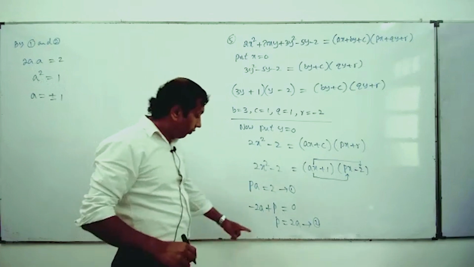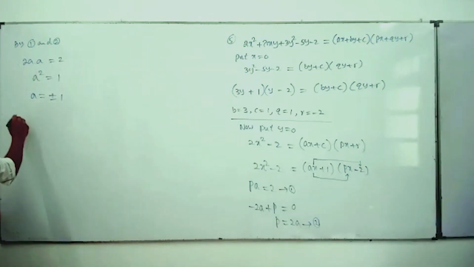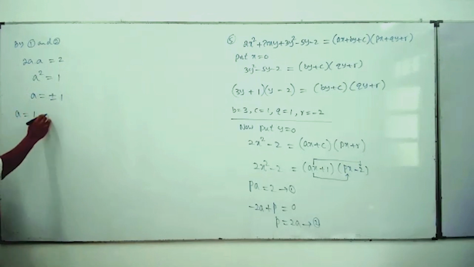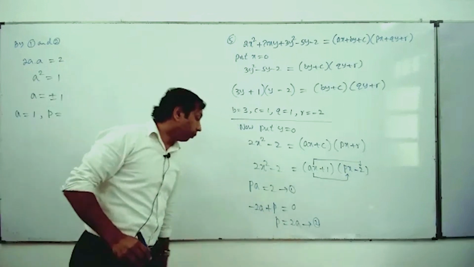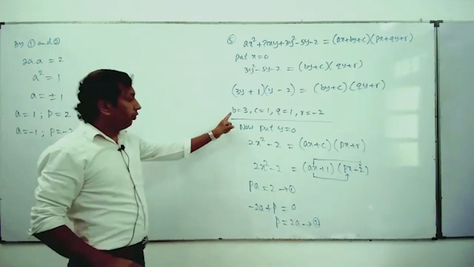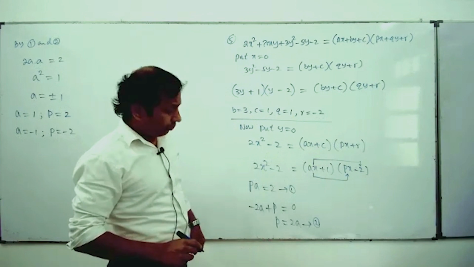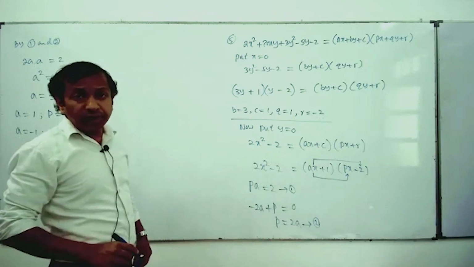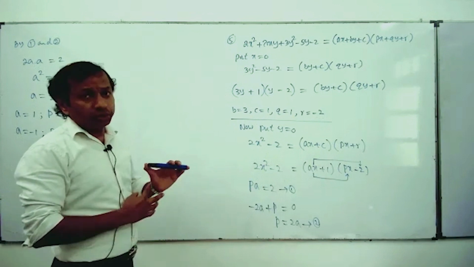If a has 2 answers, for p also we can get 2 answers. a equals 1, what is p? Put 1, p is 2. a equals minus 1, p is minus 2. For b, c, q, r there is one value each, but for a and p, 2 values each. So 2 sets of values come in.